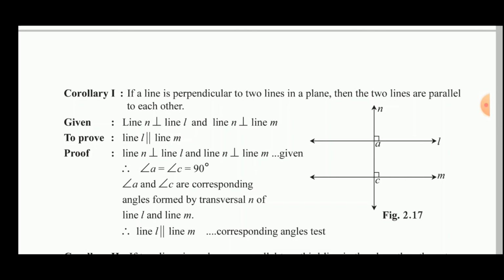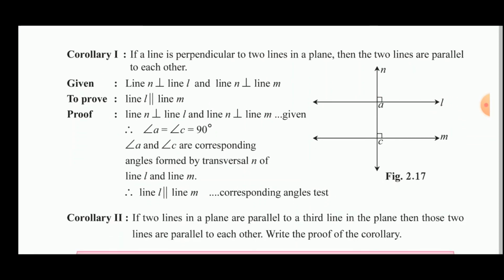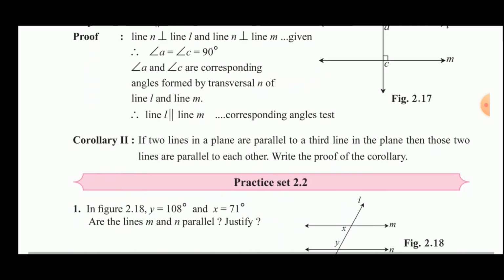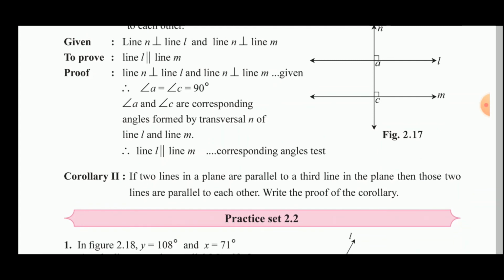That is, angle A and angle C are corresponding angles formed by the transversal of line L and line M. Therefore, line L is parallel to line M. Corollary 2: if two lines in a plane are parallel to a third line in the plane, then these two lines are parallel to each other. Now we know that if the first line is parallel to the second and the second line is parallel to the third, then the first line is parallel to the third line.